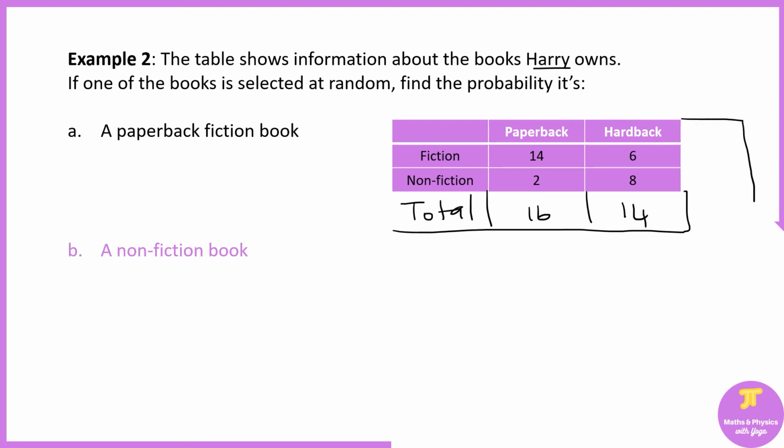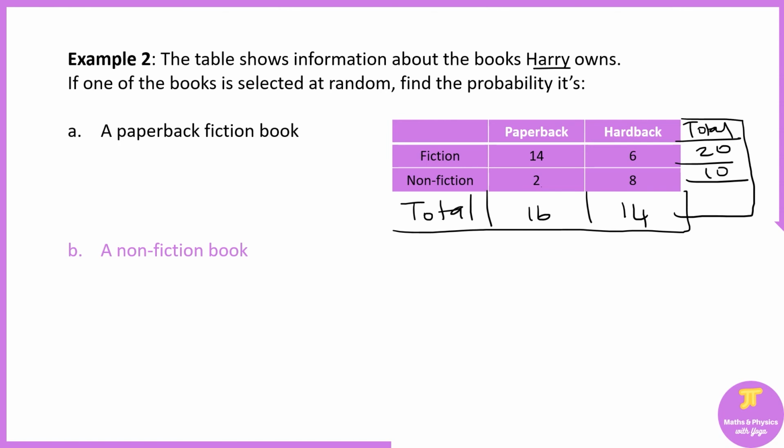And let's also find the total on this side. How many fiction books he has? 14 plus 6 is 20. How many non-fiction books? 2 plus 8 is 10. So how many books in total he has? 30 books.